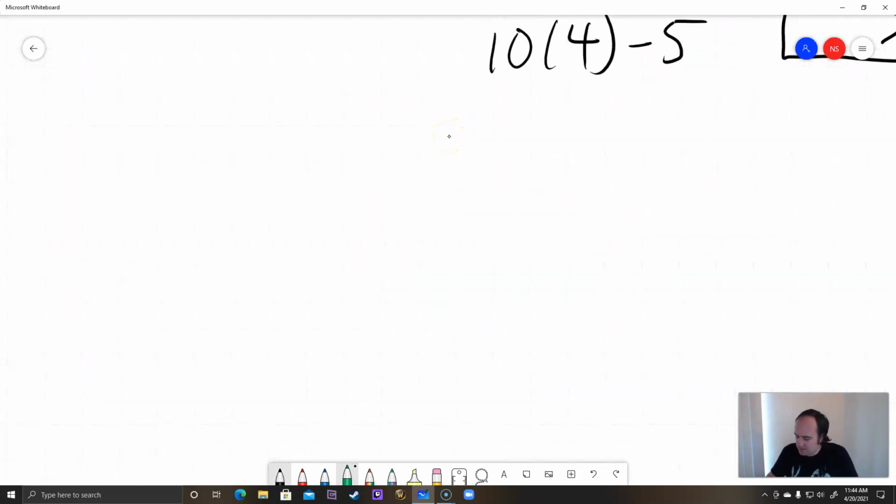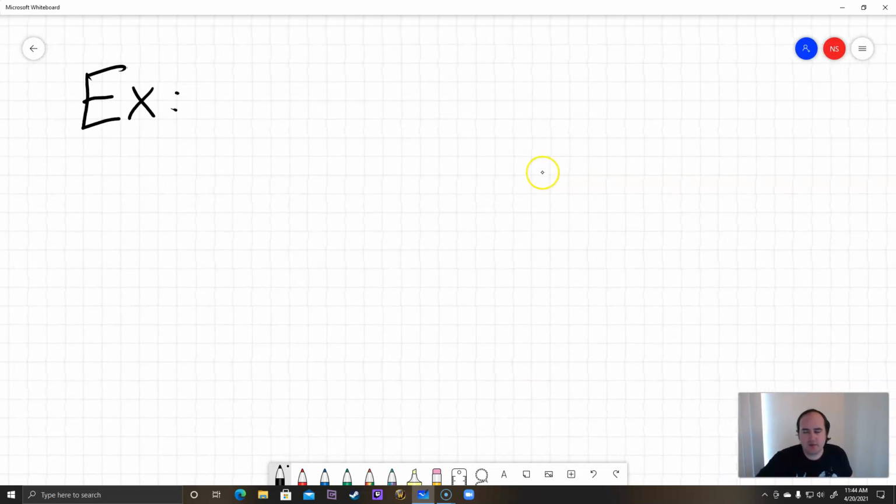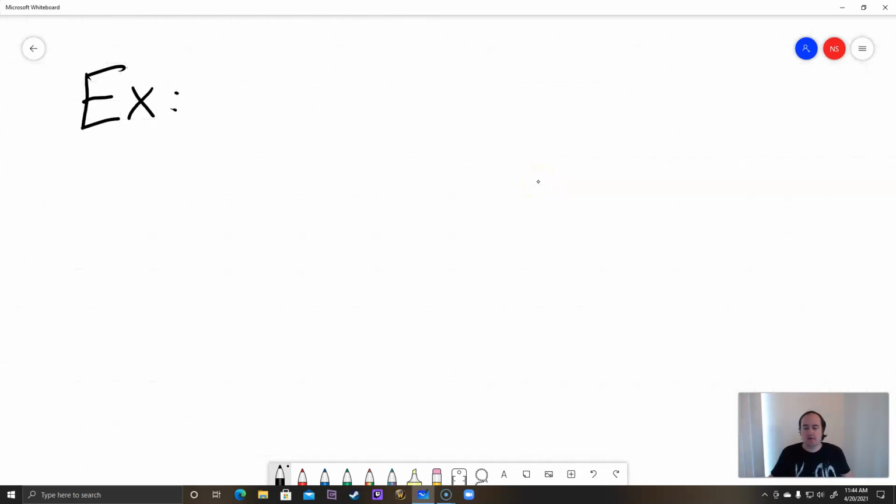Let's take a look at a new example. So this example is going to have different instructions. So for our next example, we're still going to be working with infinite sequences. But for this one, instead of giving us a formula and asking us to write the first few terms, they're giving us the first few terms, and we have to come up with a formula. And most people find these more challenging.